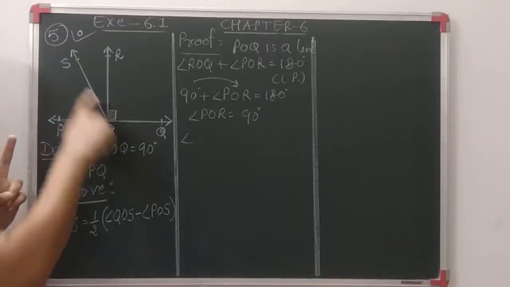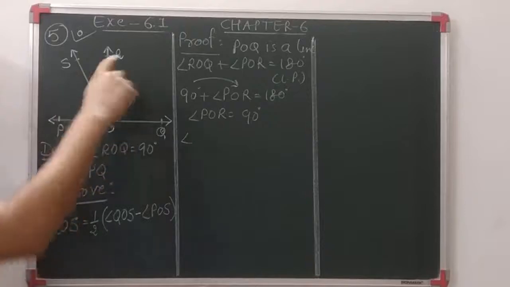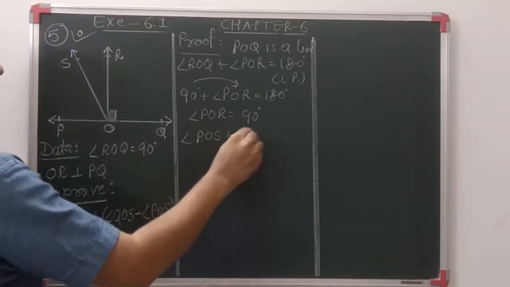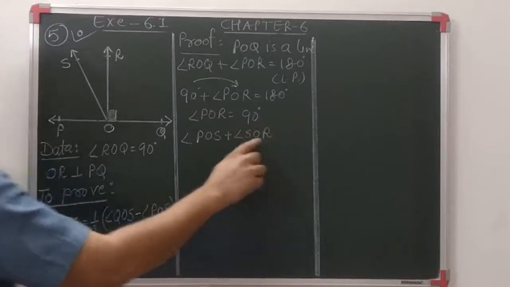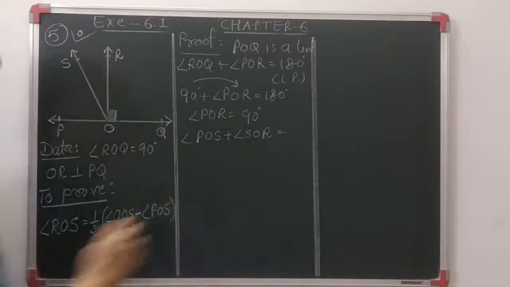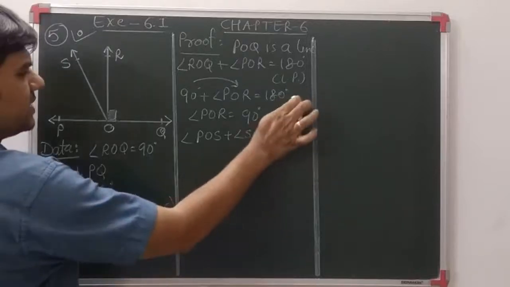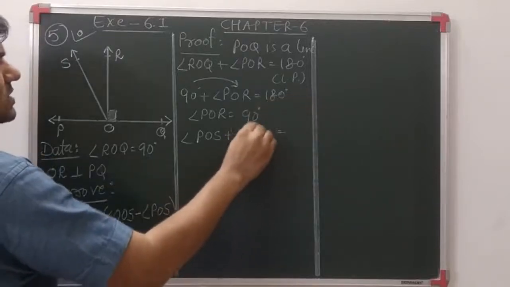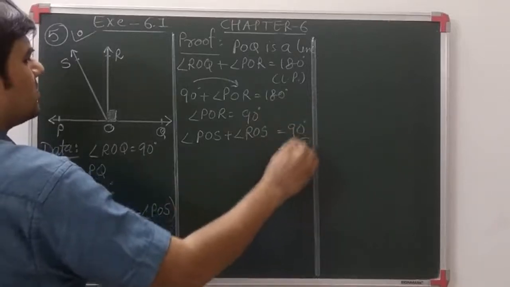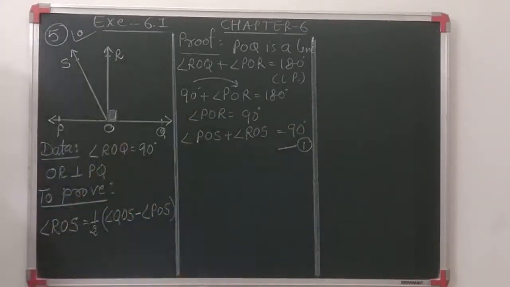So POS and SOR. You can also write ROS, it doesn't matter. As it is ROS we require, let's just note it down as ROS. I give this as equation number 1, which we utilize later on.